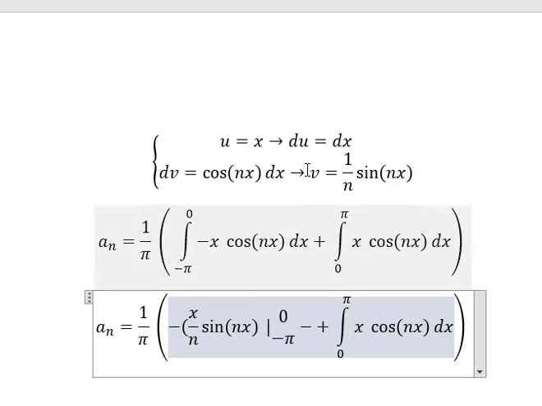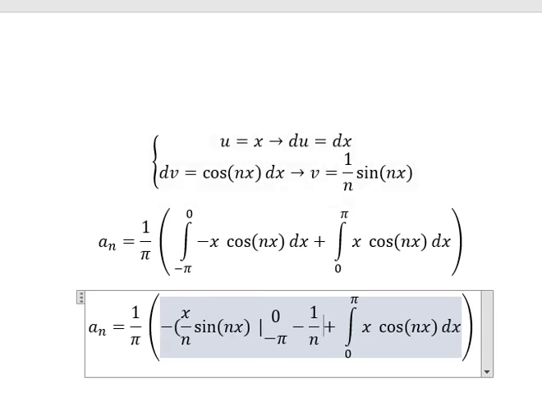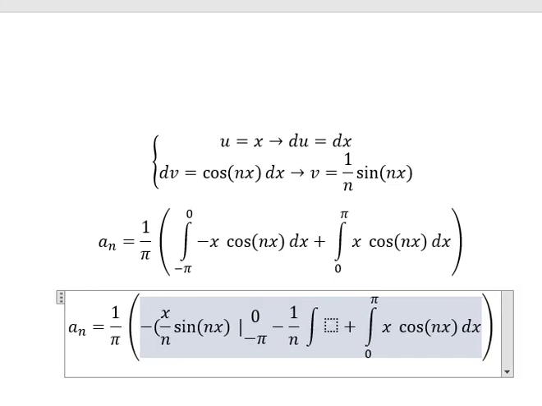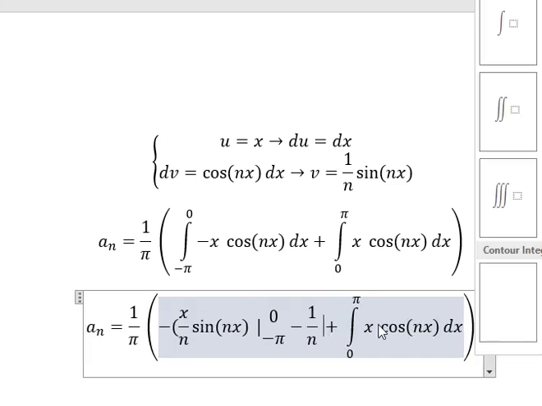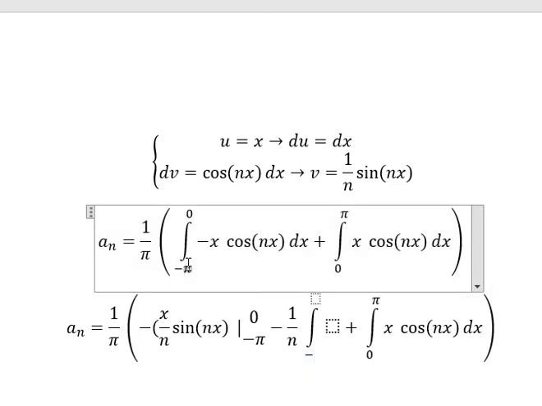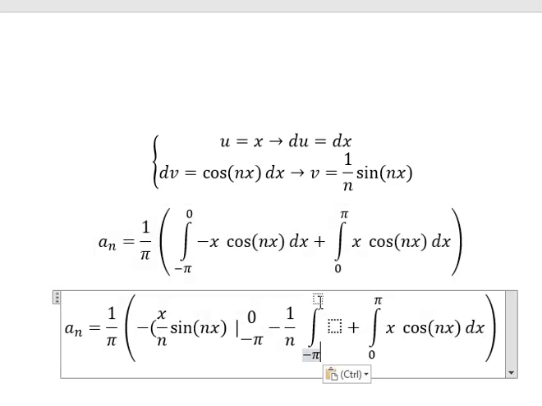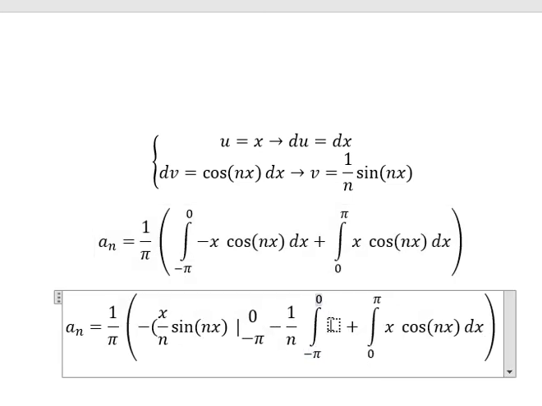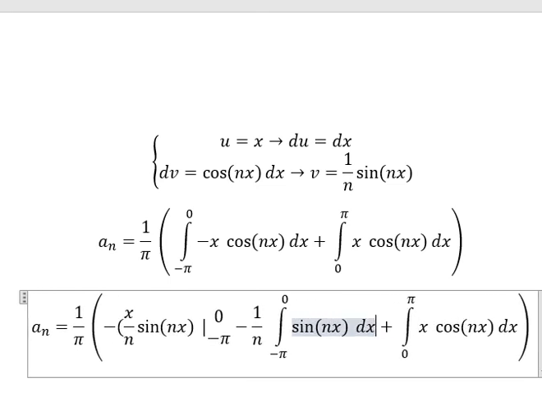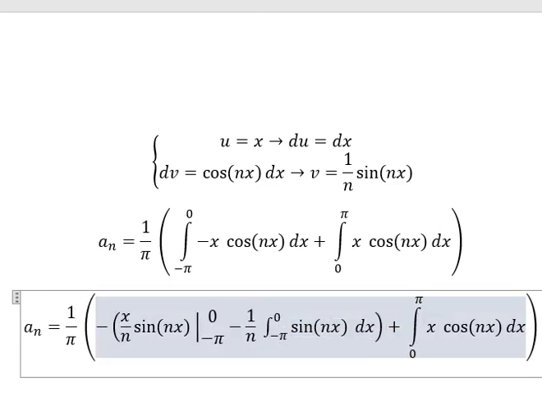Minus, we have u multiplied by v, and we have the integration from negative b to 0 in here. Now we do similar for the second one.